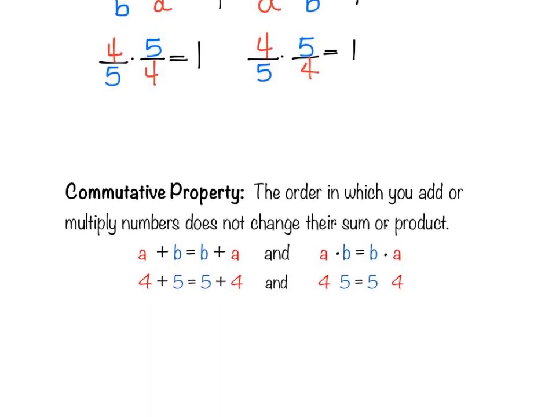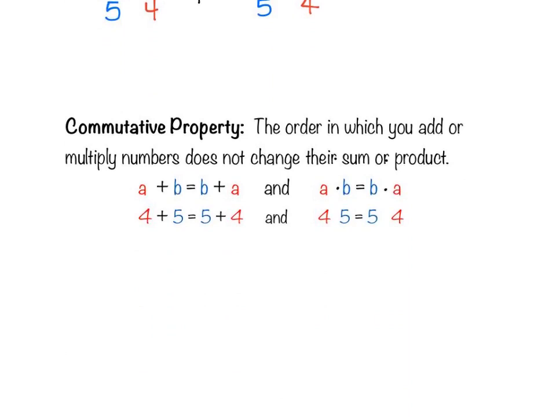Okay. Some more properties. This time we're going to look at general properties that have to do with different operations. Commutative property is a property that relates to addition and multiplication only. Addition and multiplication only. And here's what commutative property says.